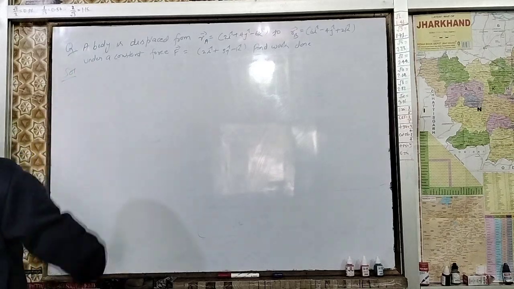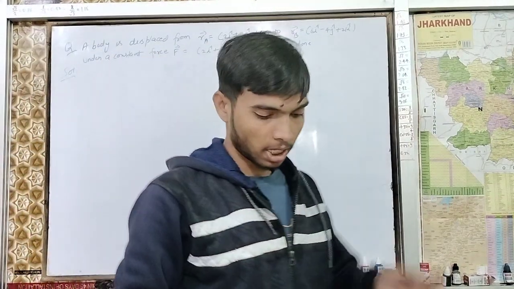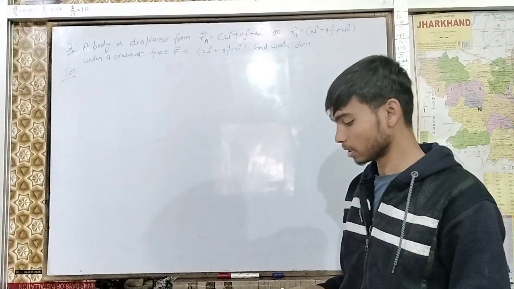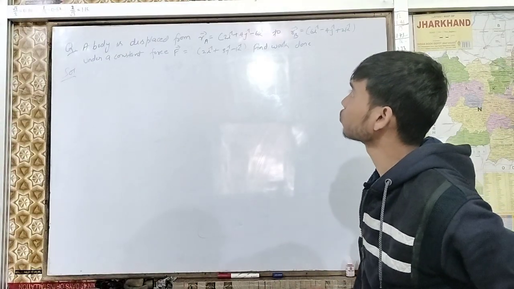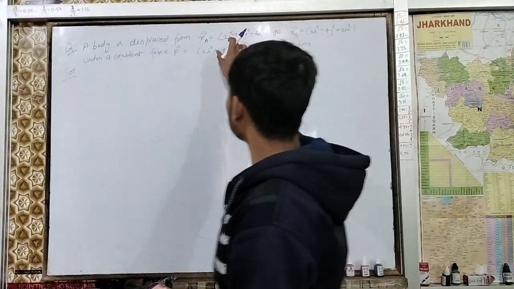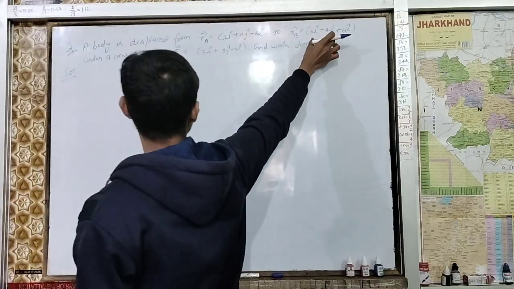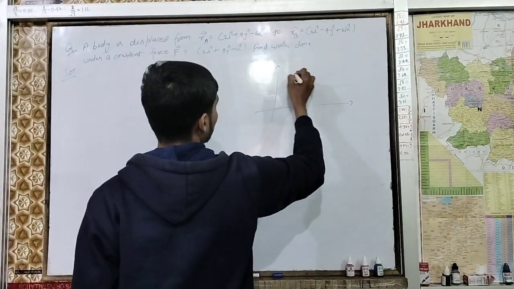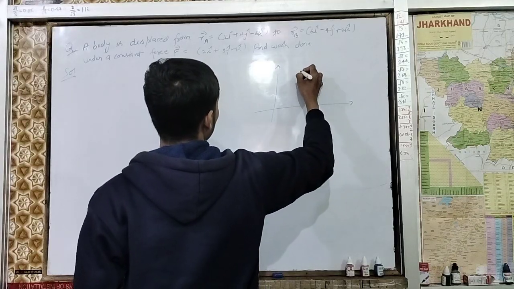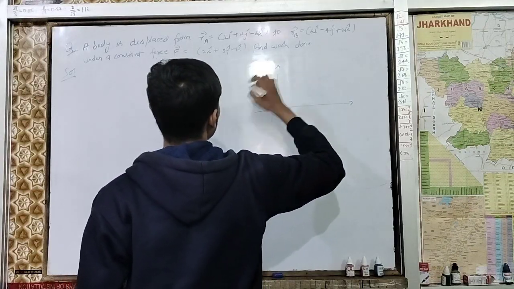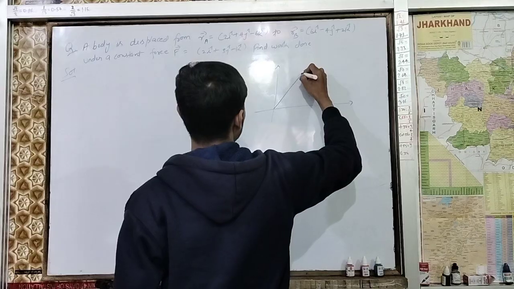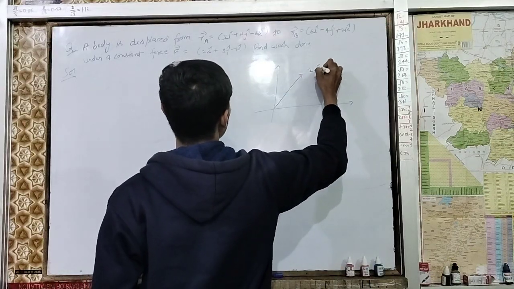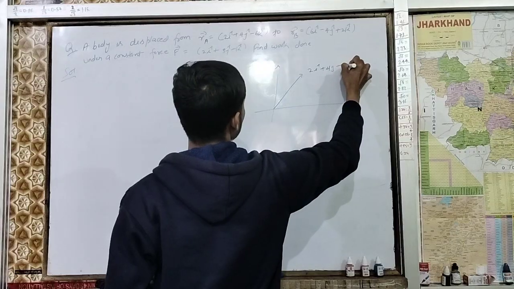Try to understand what the question is saying. There is a body which is displaced from this position vector till this position vector. Initially it was over here, whose position vector is 2i cap plus 4j cap minus 6k cap.